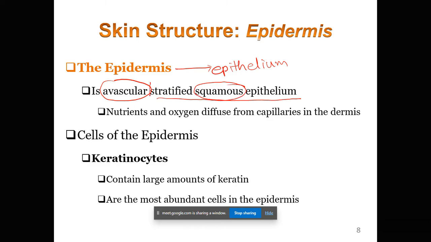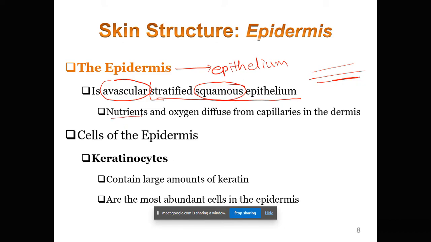When we say it is stratified squamous, at the base it will be cuboidal or columnar cells. Suppose there are 40-50 layers of cells, then at the base, 4 to 5 layers will be cuboidal or columnar cells, and at the surface you will find the cells are squamous in shape.